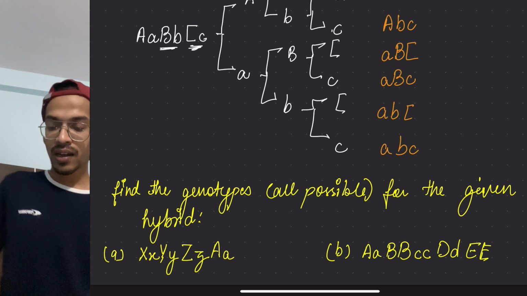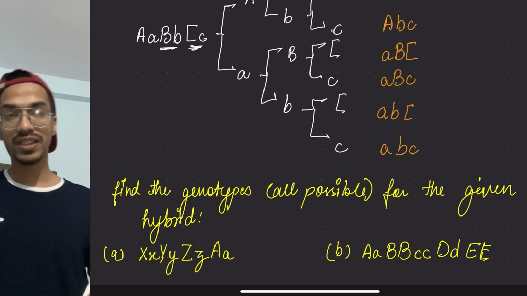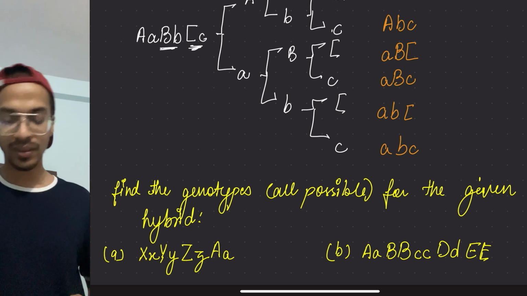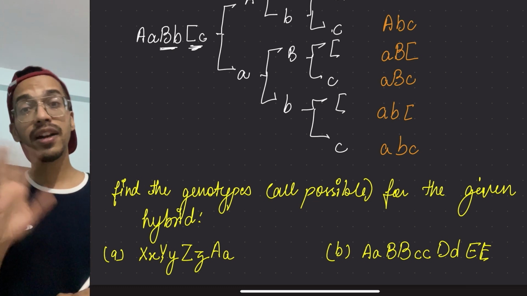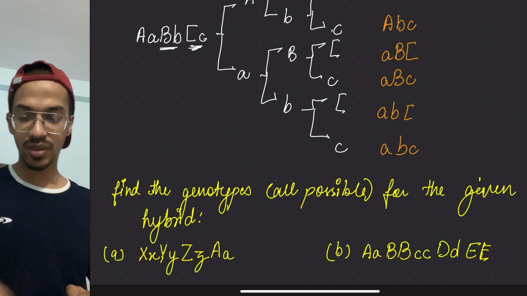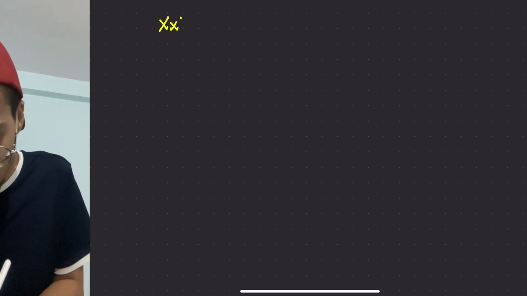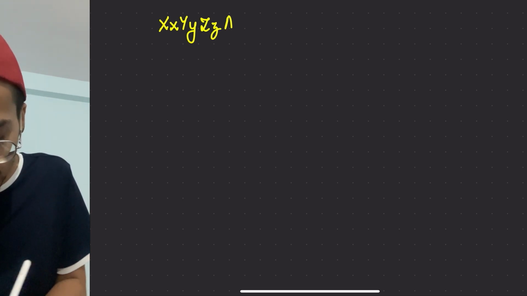Here you have four different types of heterozygous genes available: X, Y, Z and A. So the answer for this one would be what? The question was XX, YY, ZZ, AA.